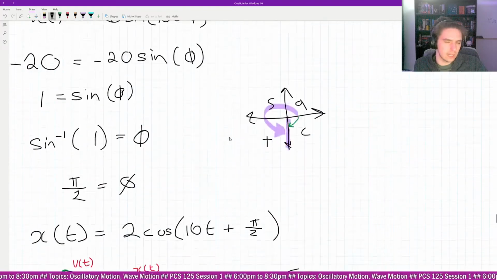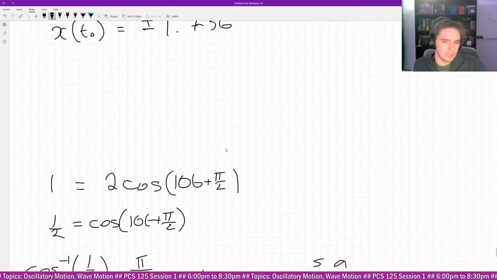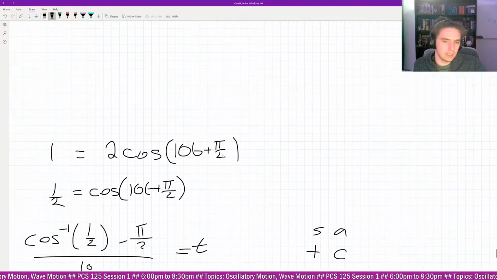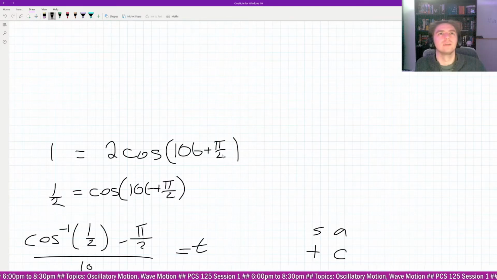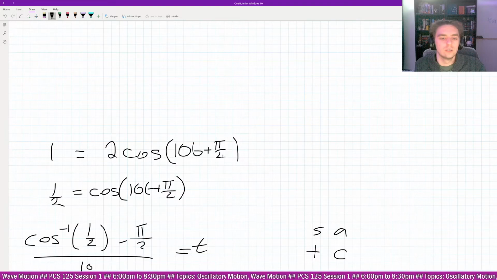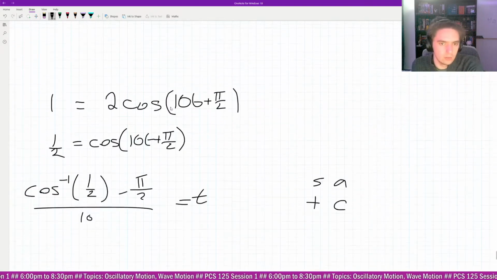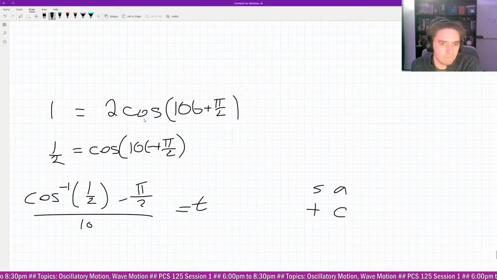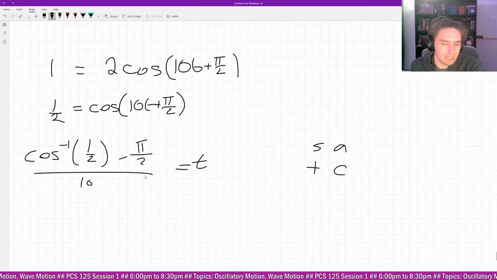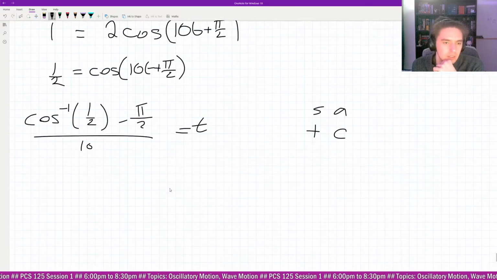But isn't that just a set time? Because cos of pi over 2 is 0, right? Yes. Let me check that. Yeah, cos of pi over 2 is 0. So yeah, that would work because x of 0 is, when t equals 0, the x position is 0.